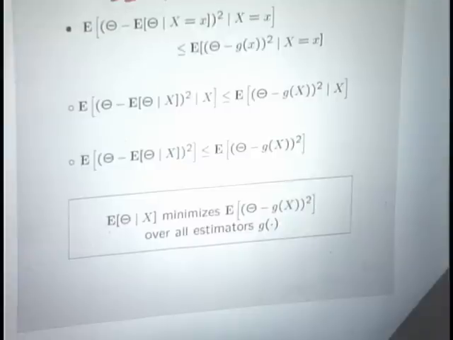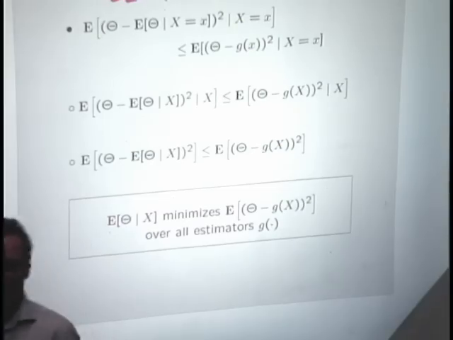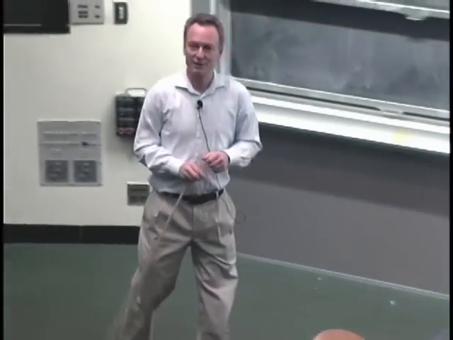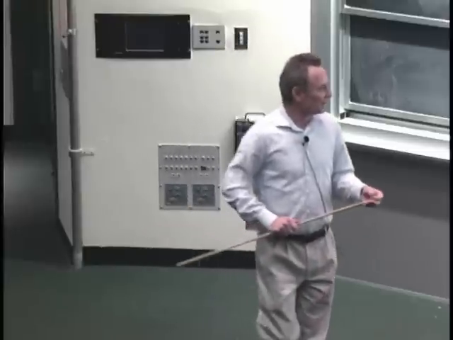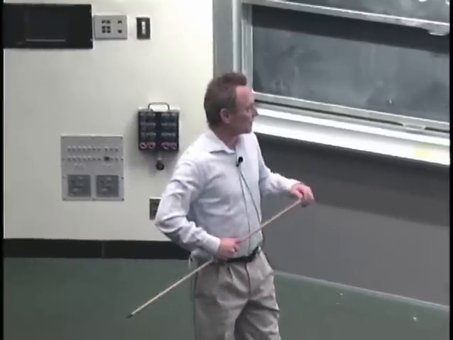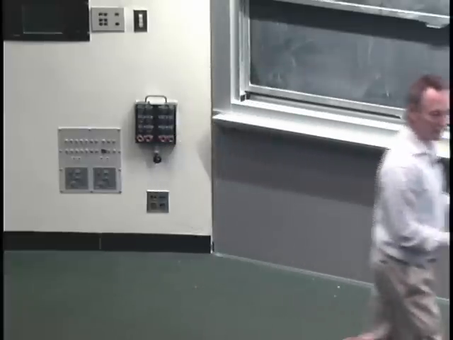In a few words, the conditional expectation estimator is the optimal estimator. It's the ultimate estimating machine. That's how you should solve estimation problems and report a single value if you're forced to report a single value and if you're interested in estimation errors.